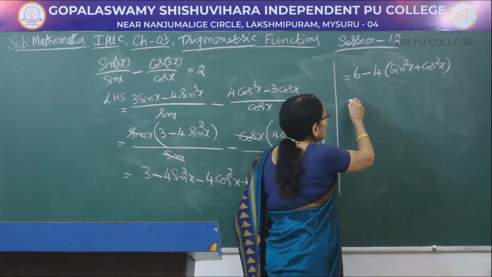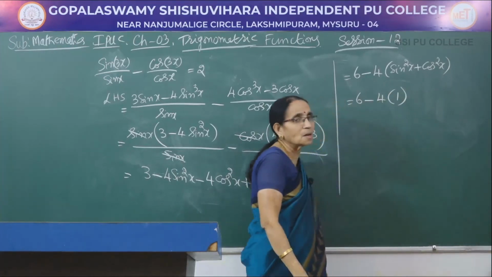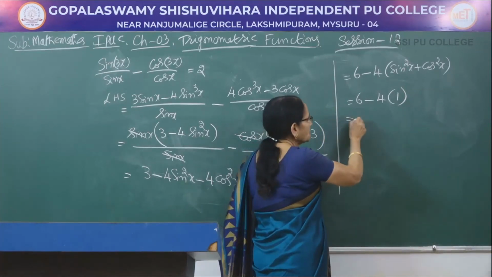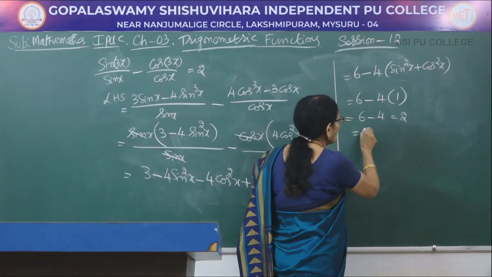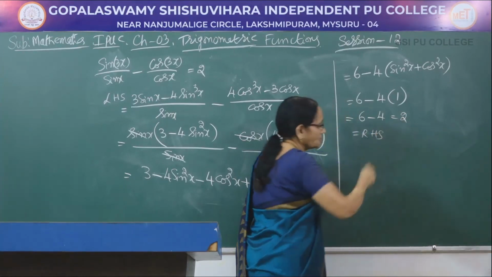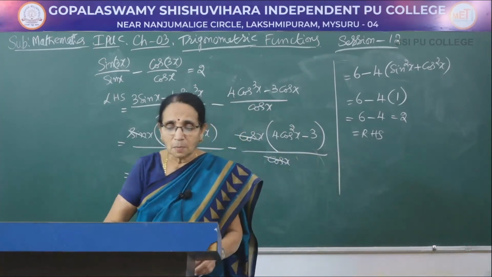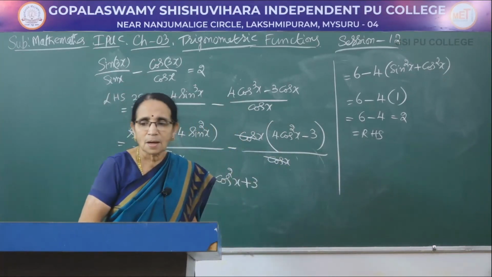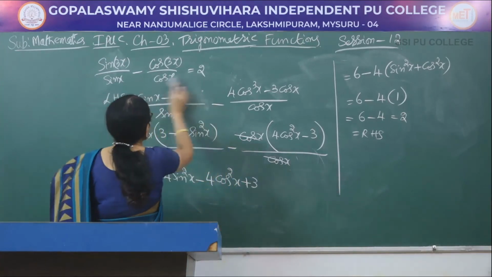Now, sin square x plus cos square x from the basic identity is equal to 1. That is 6 minus 4, that would be equal to 2. Hence, we get the right hand side. So, we are using the multiple angle formulae sin 3x and cos 3x to arrive at the required result.